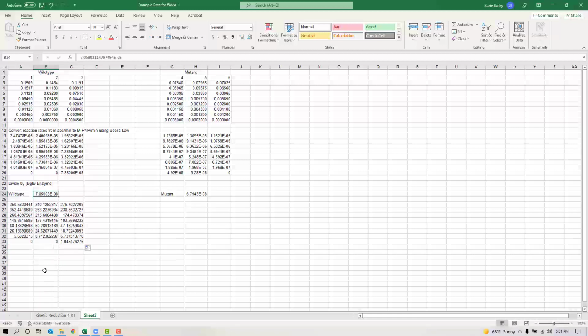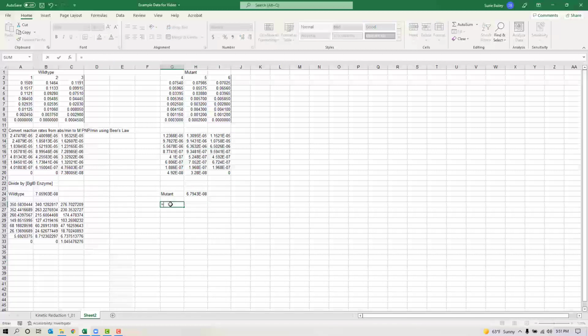Right? Now in this case, we can't copy and paste our formula over here because our mutant enzyme has a different concentration. So we need to divide all of these reaction rates by this mutant enzyme concentration. So we're going to type this in again, equals this reaction rate divided by, and again, I'm going to lock that cell, column H, row 24, and that's locked in that value.